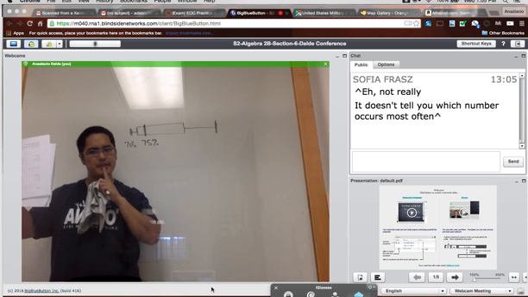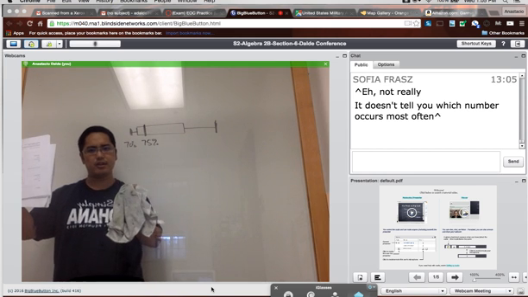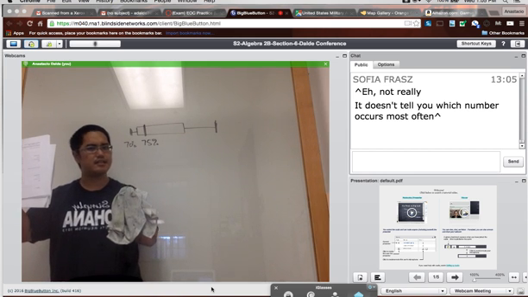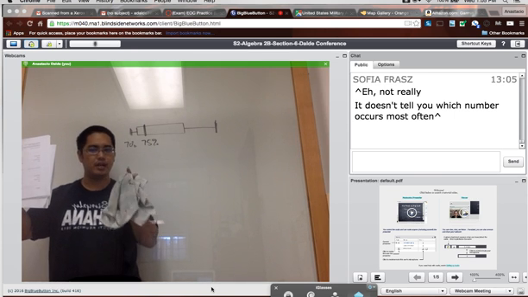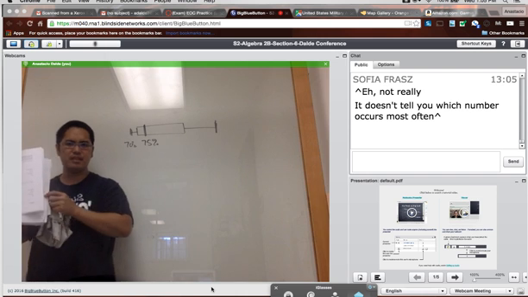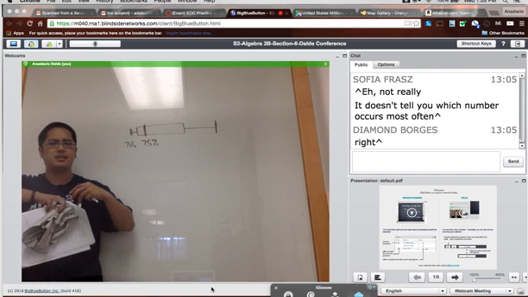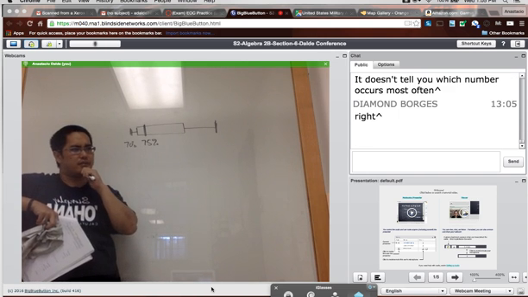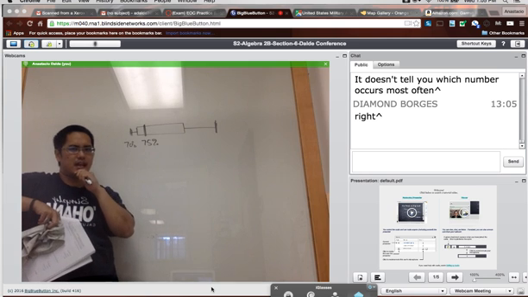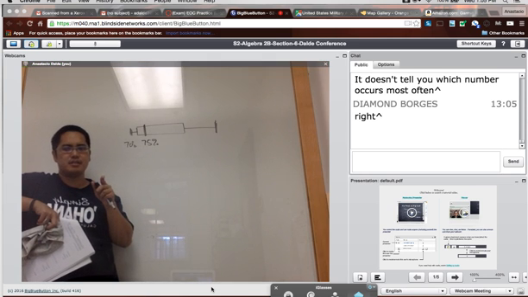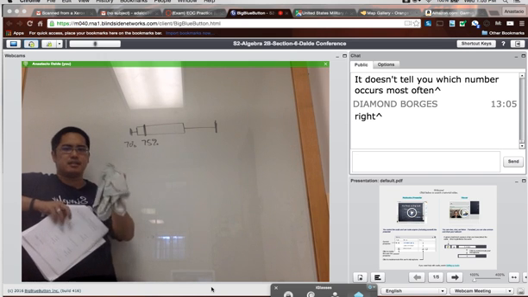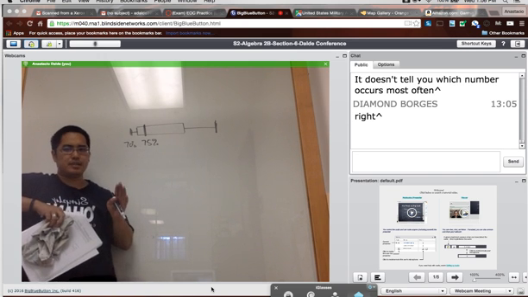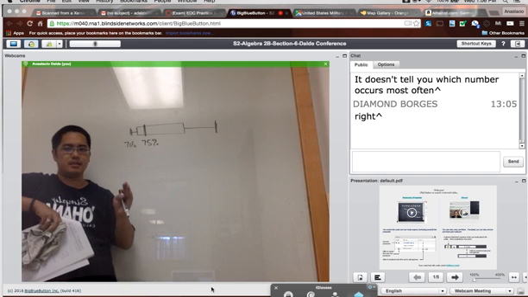Actually, Diamond and Sophia, I agree with Sophia in that it doesn't tell you exactly the median or the mode. You're right. But when I really sit down and think about Sophia's comments, I kind of think Diamond has a point. And what I mean by that is this. Diamond, you're not right because it doesn't tell you what the mode is.